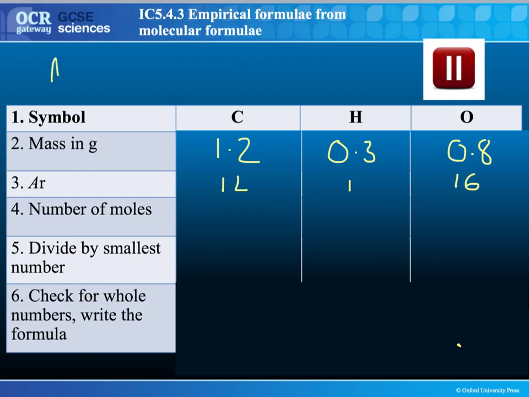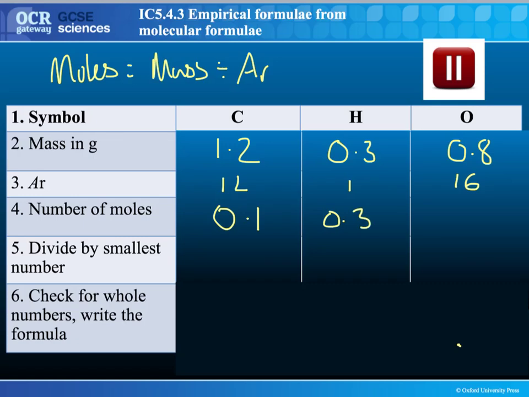Again, using the equation to work out number of moles, which is mass divided by, in this case, atomic mass. 1.2 divided by 12 gives you 0.1. 0.3 divided by 1 gives you 0.3, and 0.8 divided by 16 gives you 0.05.